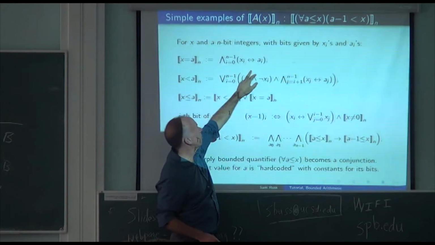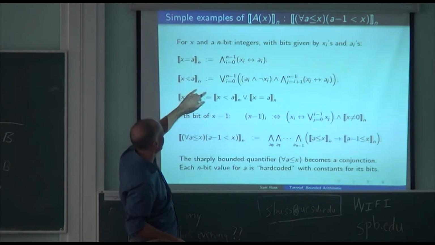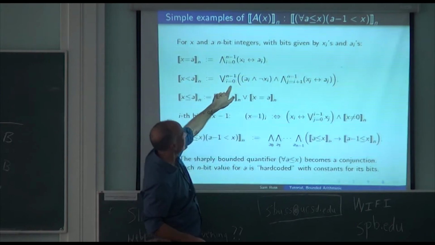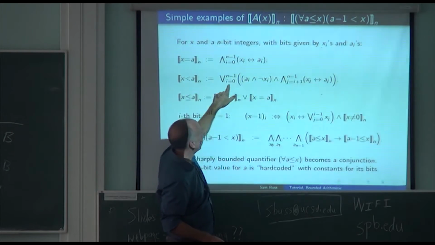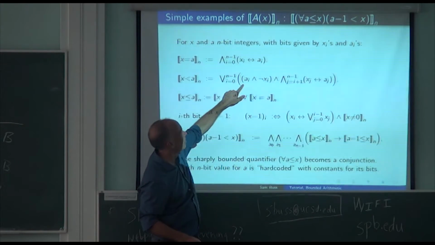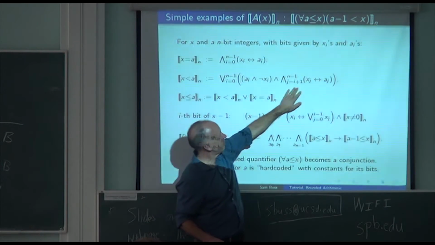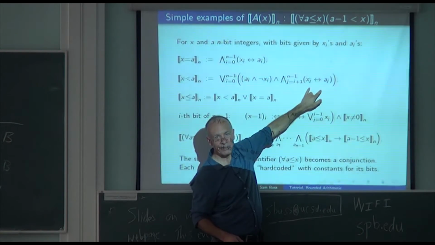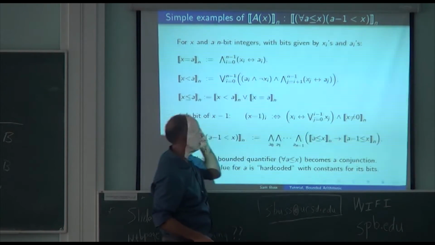So it's just the conjunction over n of xi if and only if ai. Sorry for the confusion on the lengths. The formula x less than a sub n would just be the statement: there's some i between 0 and n minus 1 such that ai is true, xi is false, and all the higher order bits are equal. So we take the AND for j equals i plus 1 to n minus 1 of xj if and only if aj.